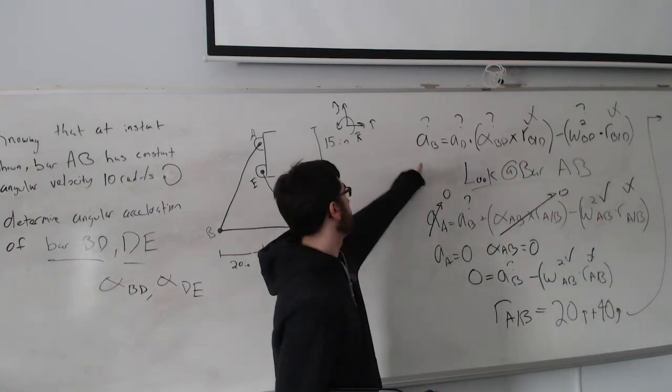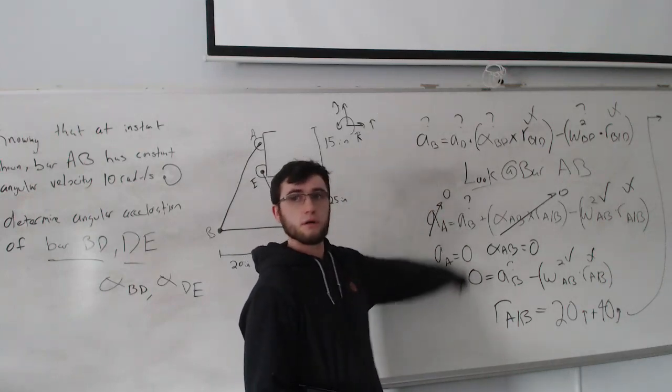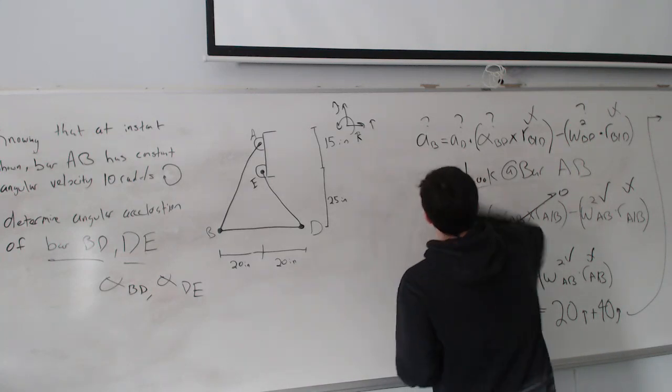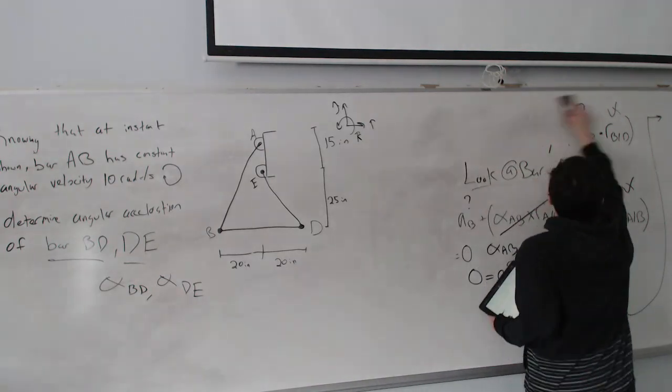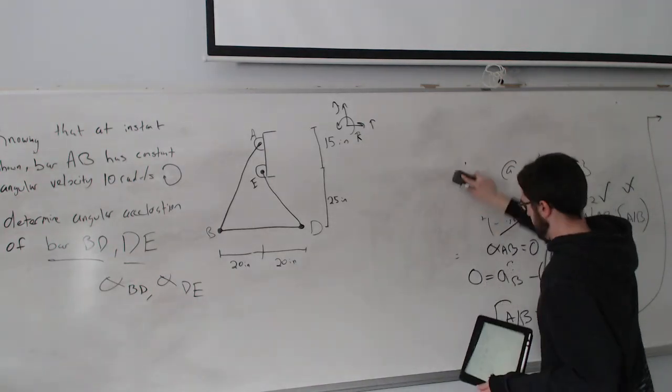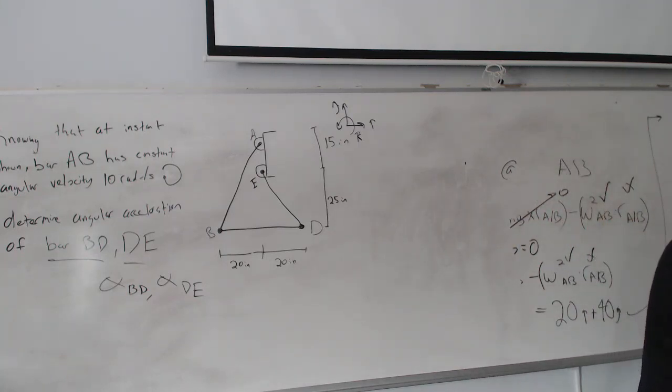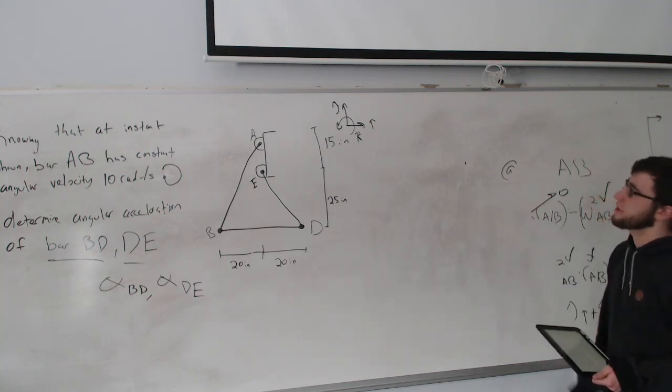Is everyone cool if I get rid of this part? Yeah. In terms of easing the amount of work you have to do, is it best to do the velocity analysis first, or velocity and acceleration hand in hand? It's different for every problem, so I really can't give you a concrete answer there.